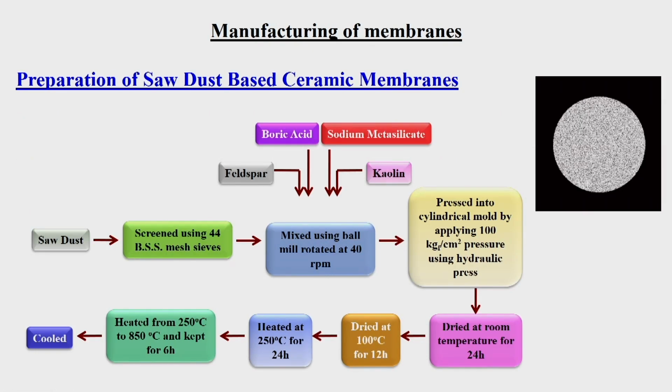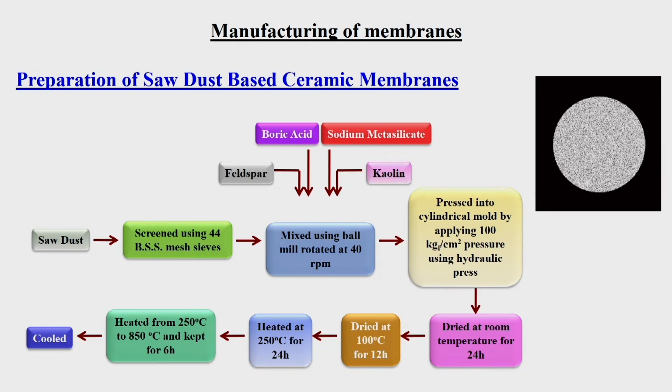And there is one specific, common application of the ceramic membrane using the sawdust-based membrane. In general, for the generation of the membrane pores, pore forming materials are used, like some carbonates.